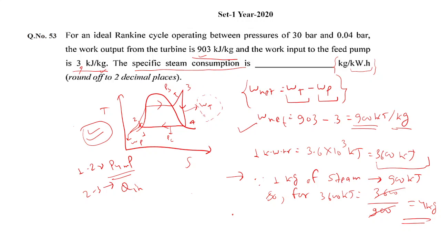So net would be this much. They are asking for the specific steam consumption for 1 kilowatt hour. In 1 kilowatt hour we know there are 3600 kilojoule. So 1 kg gives 900 kilojoule of energy. Then for 3600, how much steam do you need? 4 kilogram. That's all.